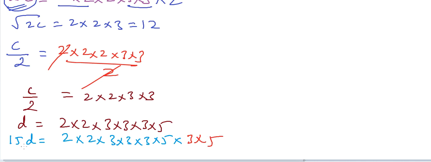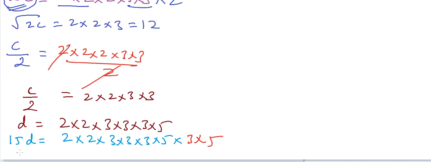So now 15d is a square number because all prime factors occur an even number of times. Okay, so d needs to be multiplied by 15 to make it a square number. Similarly, d can be divided by 15. So 15 is the smallest number by which d must be divided to make it a square number, and also the smallest number by which d should be multiplied to make it a square number.